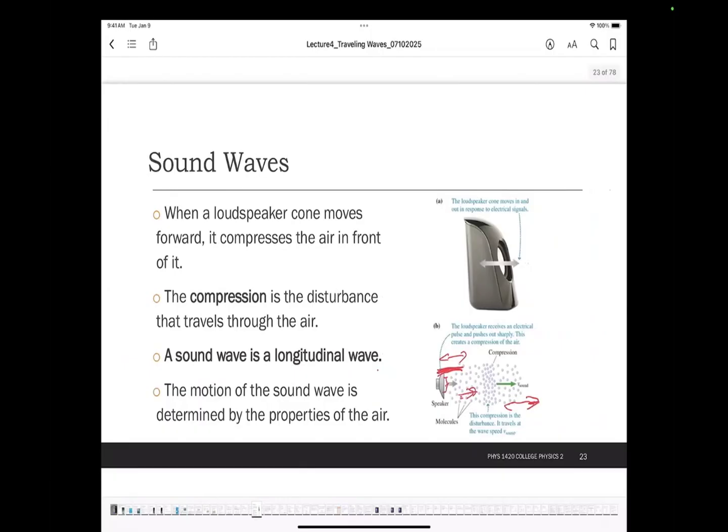After the speaker generates the wave, the sound wave is determined by the properties of the air, by the medium. Does that make sense to you?